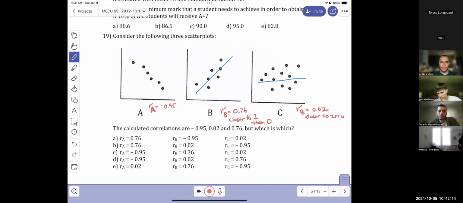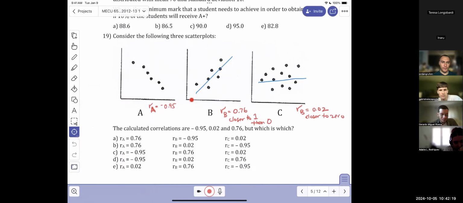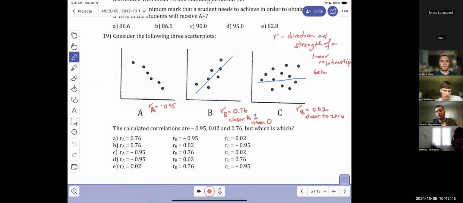So R tells you about the direction, so it'll be positive or negative to tell you the direction of the relationship. But it also, importantly, tells you the strength of a linear relationship between two quantitative variables.